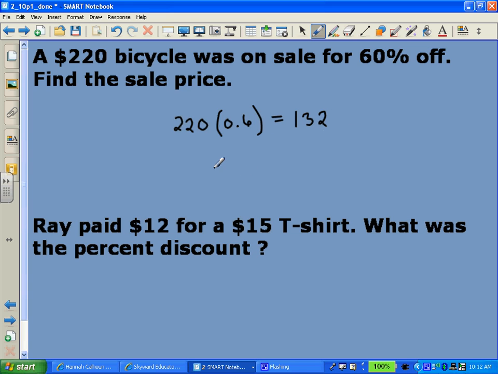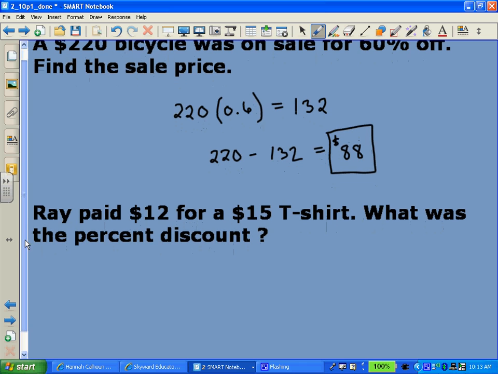Okay, so 132 was the discount, so I'm going to do 220 minus 132, and I get 88. So the bike was on sale for $88. It's a pretty good deal.